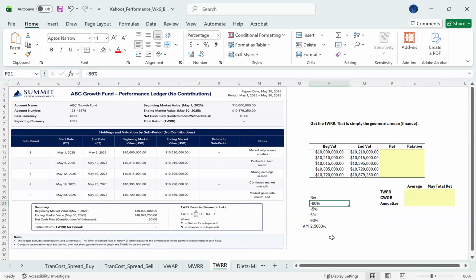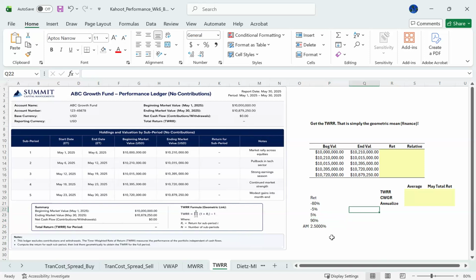This 80% occurs in the beginning of the investment horizon. It means that if you invested $1 million, that means you're losing 800,000. Now, by the time you get to this 90% here, you already have a very small amount. So this is a 90%, but it is a 90% of a very small amount of money.